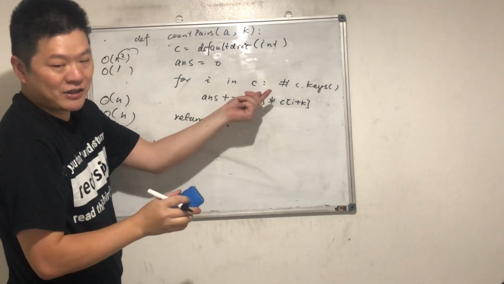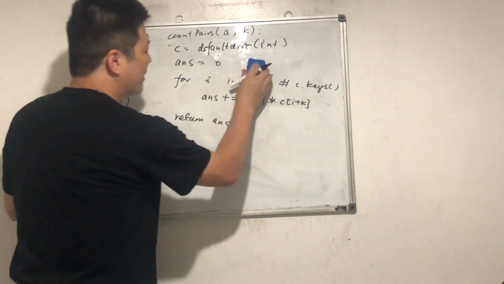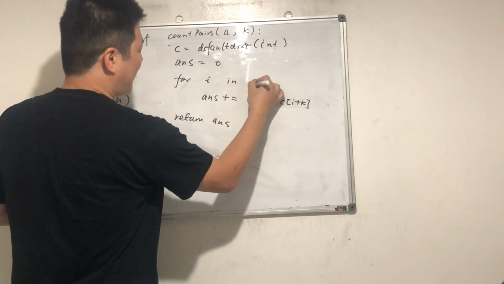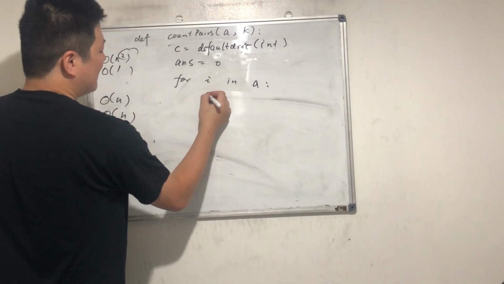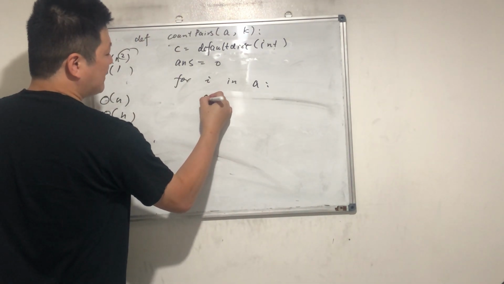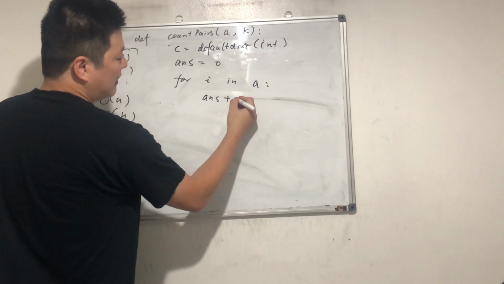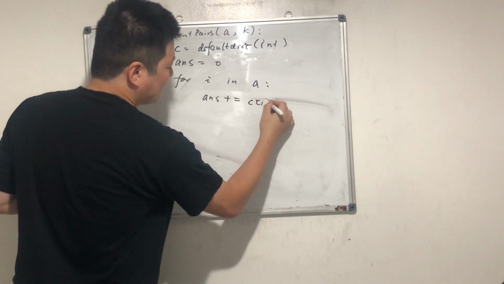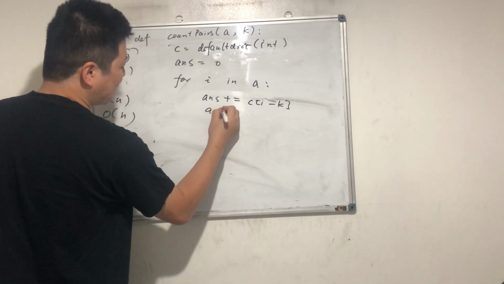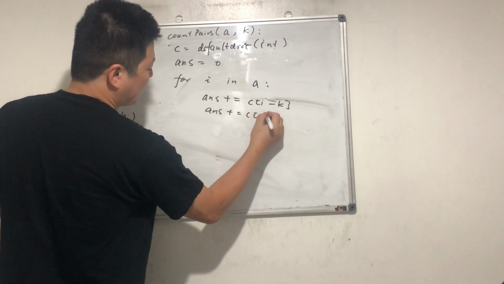Instead of going through the dictionary, because now the dictionary is empty, we go through the original numbers, which is A. And then I just need to do answer plus equals C[i - k], and I also need to check C[i + k].